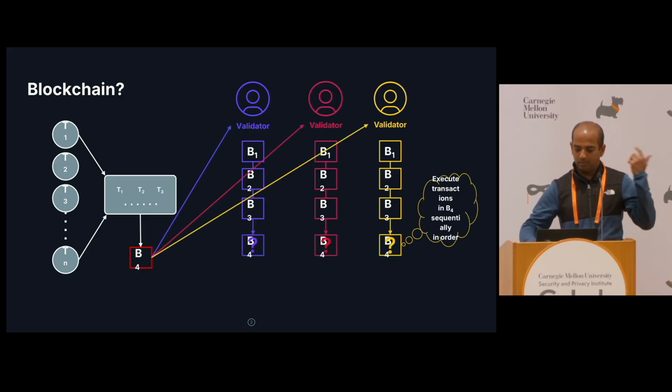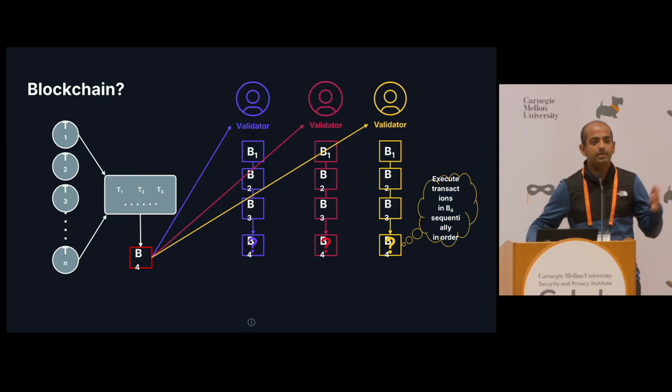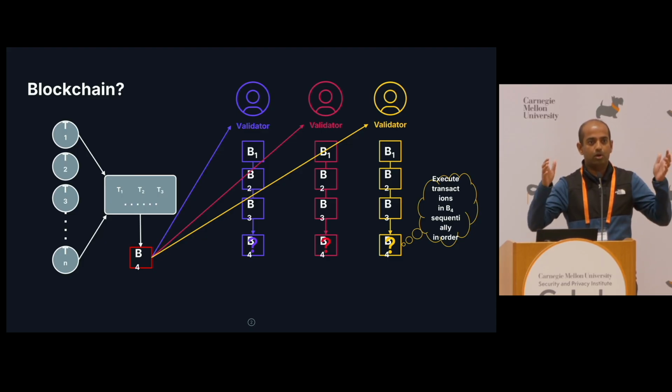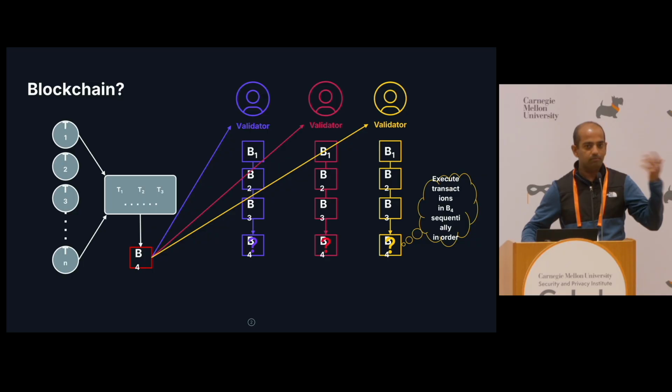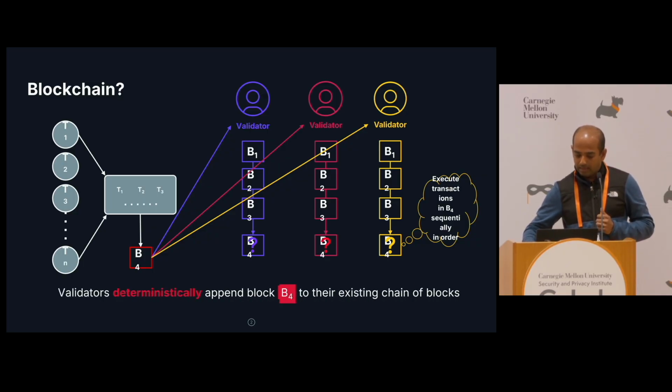Now, the state of the art, at least in Ethereum, is to execute this sequentially. If you get a block of transactions and the block follows a preset order, you execute it sequentially, and all is well. So now you get this determinism, right?